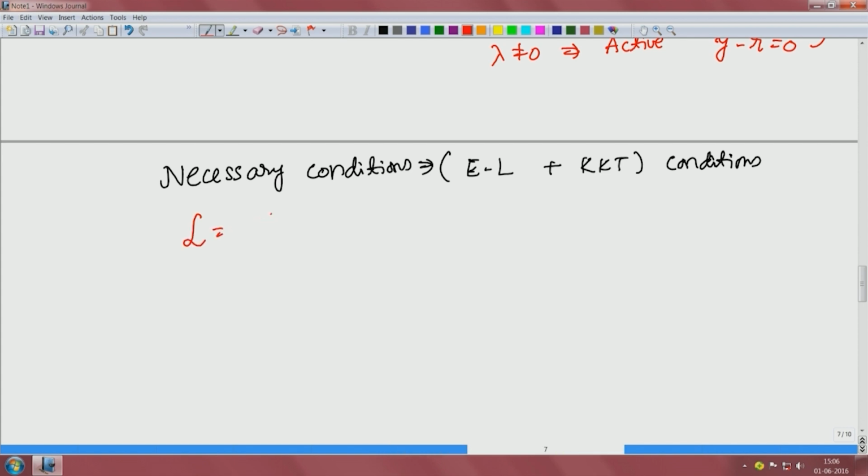Lagrangian: integral 0 to h of minus y from the objective function, lambda times y minus r, and we have capital lambda times square root of 1 plus y prime square dx, and then we have this lambda L star.